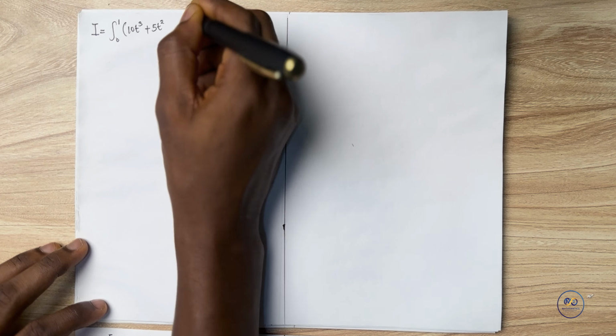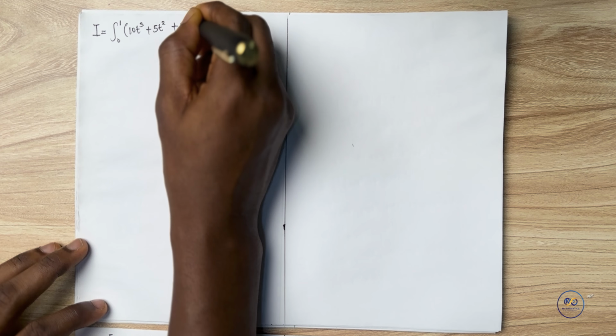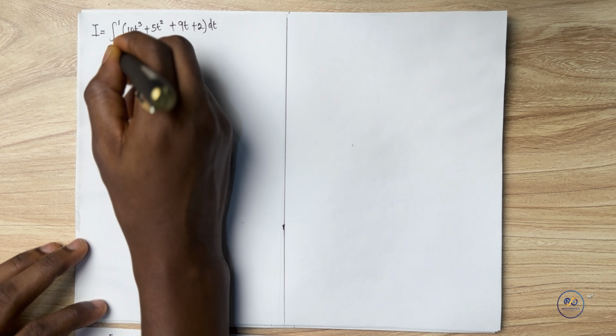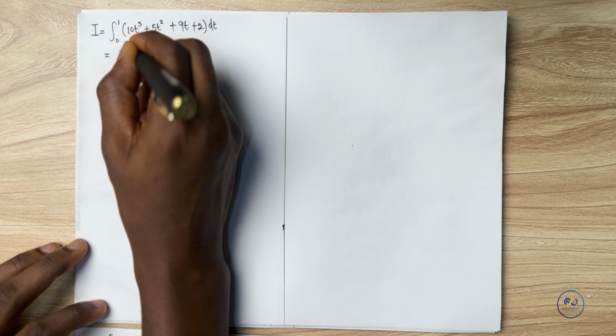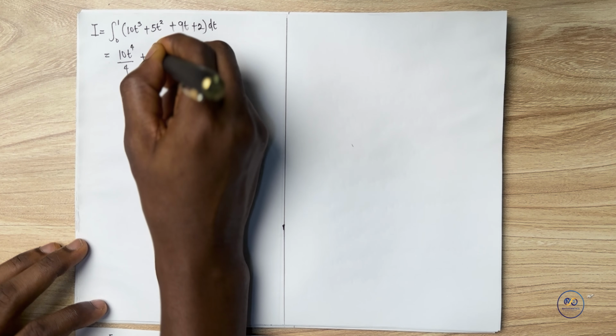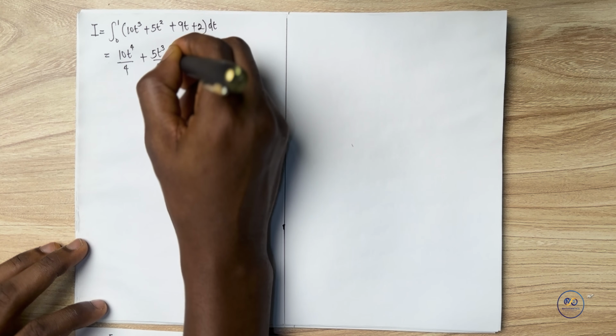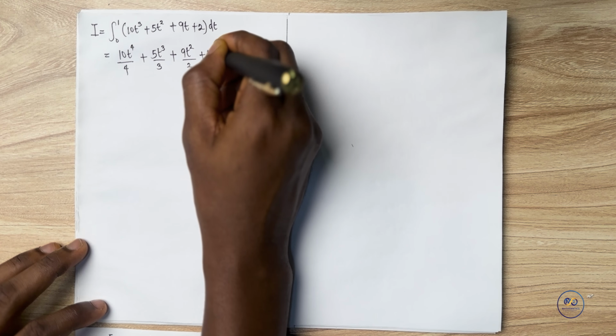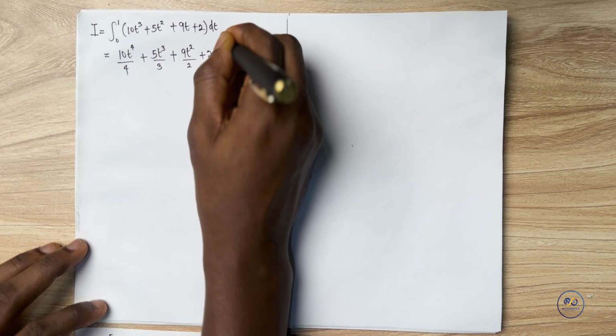So I is the integral from 0 to 1 of 10t cubed plus 5t squared plus 9t plus 2 dt. This would give us 10t to the power 4 over 4 plus 5t cubed over 3 plus 9t squared over 2 plus 2t, all of this evaluated from 0 to 1.